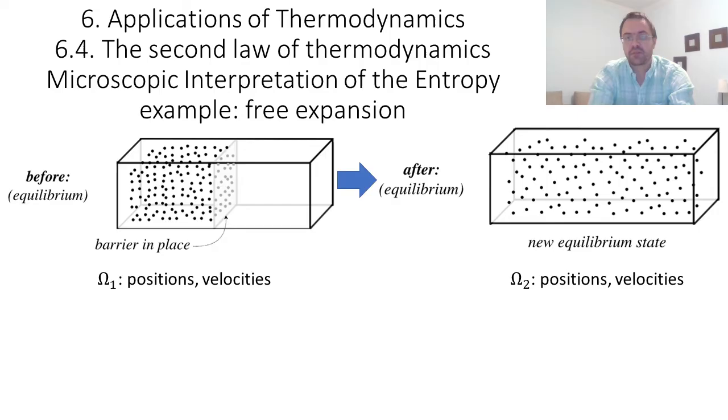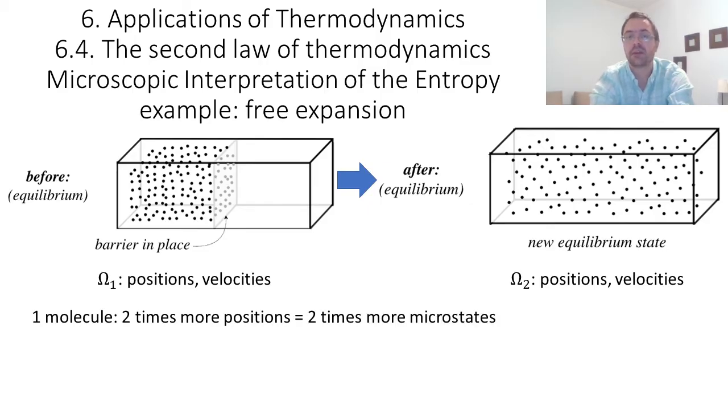And then after the expansion, we have a certain number of microstates omega 2. Again, this number is huge, but how does omega 2 compare to omega 1? If we had only 1 molecule, we have 2 times more positions for this molecule because we doubled the volume. And so we have 2 times more microstates. But if we have 2 molecules, then we have 4 times more positions. They can be both on the left.